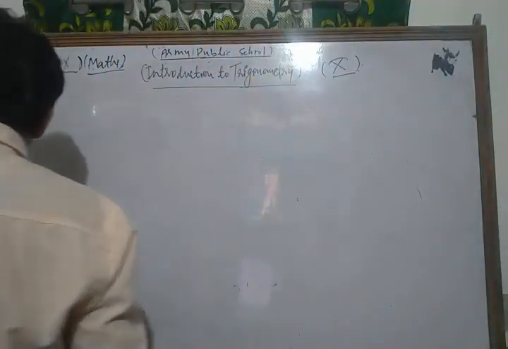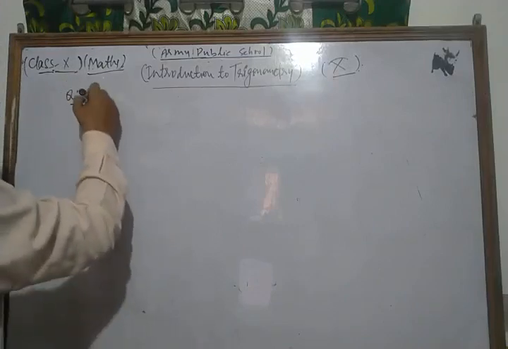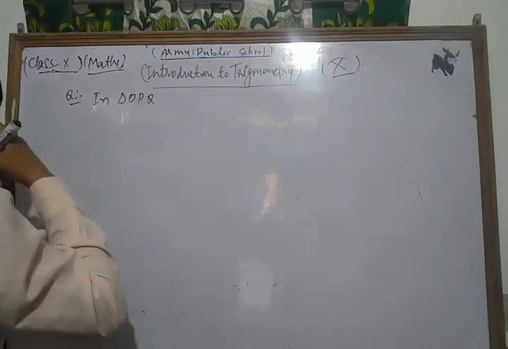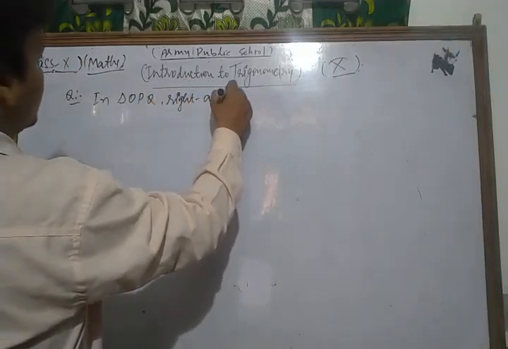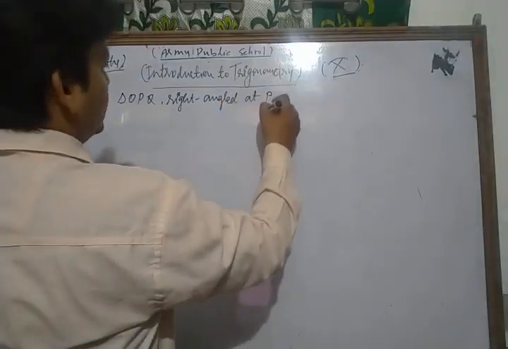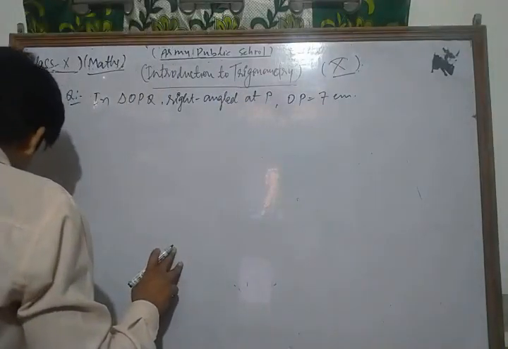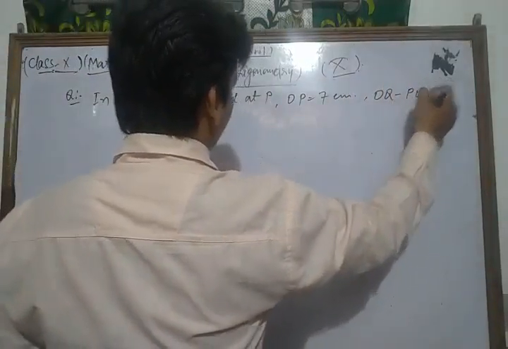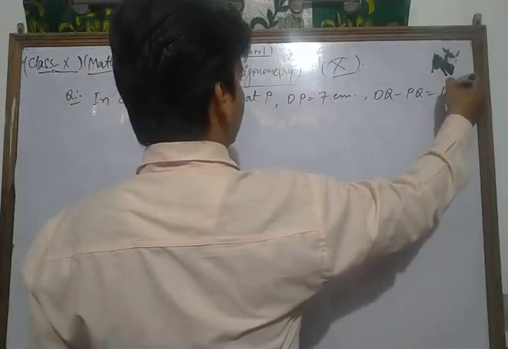We have a very important question from your NCERT, and your question is: in triangle OPQ, right angled at P, OP is equal to 7 centimeter, and OQ minus PQ is equal to 1 centimeter.